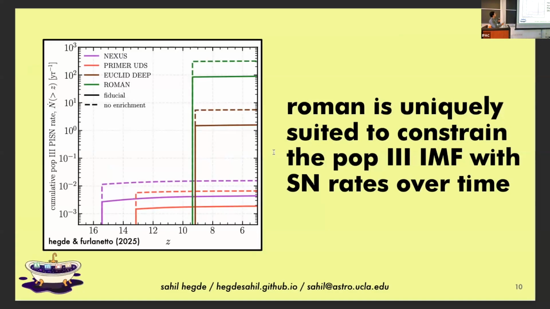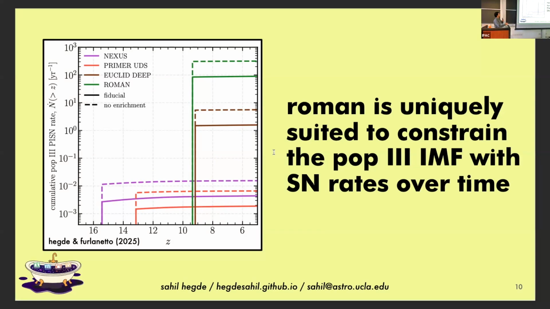So one such prediction is shown here, where I'm comparing now the cumulative pair instability supernova rate from POP3 stars from redshift 16 down to redshift 5. And in purple and red, I'm showing two different JWST surveys, which, because of their smaller field of view but deeper sensitivity, will be able to get to higher redshifts, but won't really measure a statistical sample; we'd be very lucky to see POP3 supernovae.